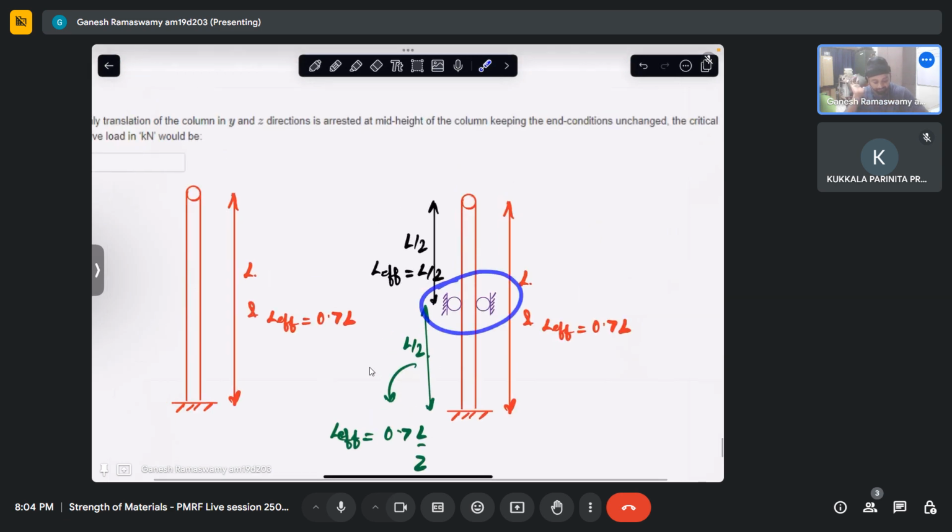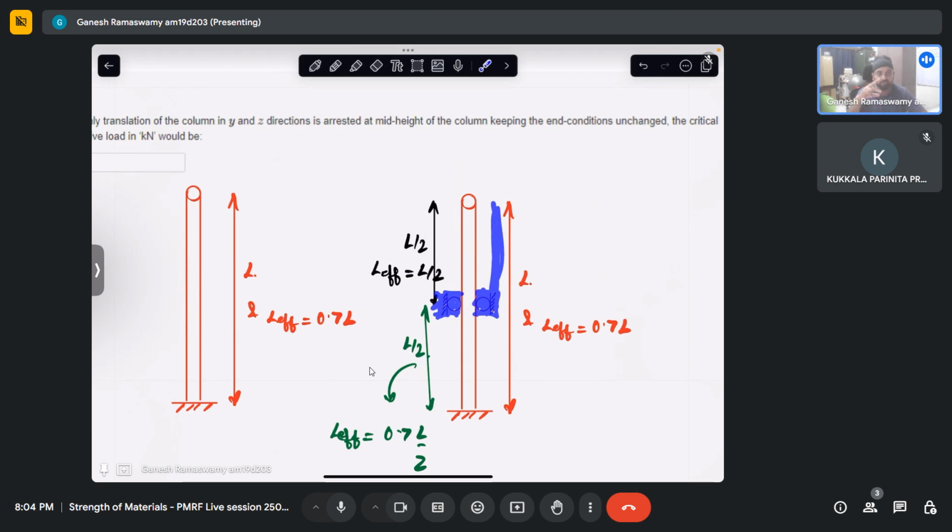Now instead of this, if I had to put a rectangular stiffener like this, it would also arrest the rotation. Hence, this top portion will actually have hinge on the top, fixed end on the bottom. Similarly, for the bottom one, both will be fixed.